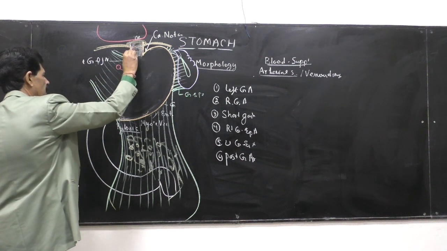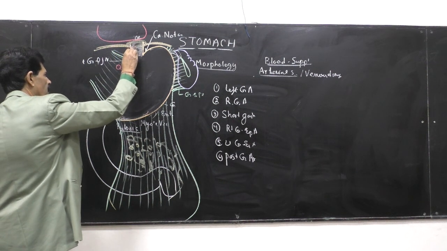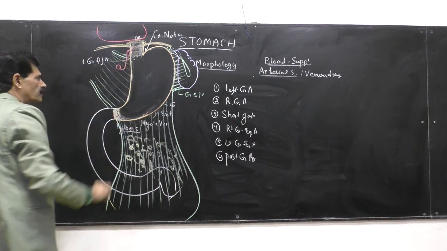Then this artery enters the number 1 and number 2 layers of the lesser omentum.